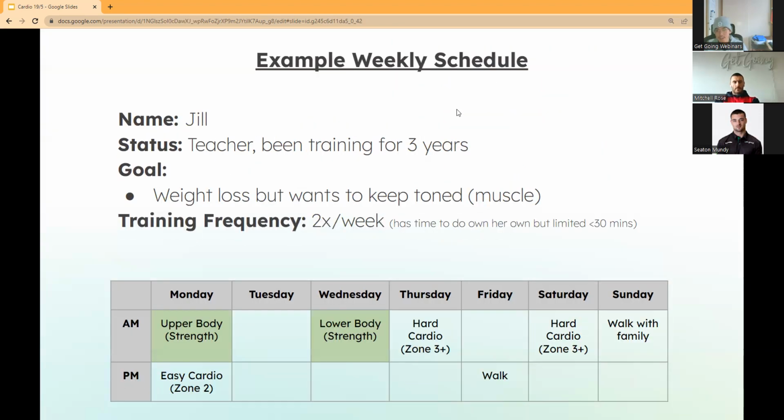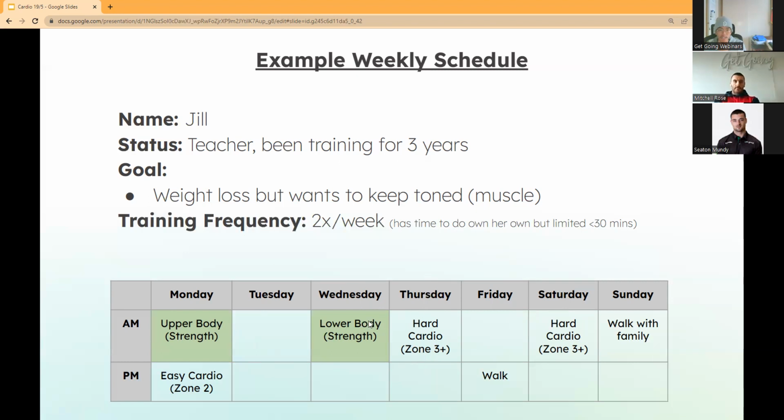However, she has limited time, so we want to focus on higher intensity cardio to increase our bang for buck, so to speak. That's why we have harder sessions on Thursday, Saturday, and then just general encouragement to do more movement throughout the week, which is probably applicable to most people. The reason why we still keep our strength sessions is because she wants to keep some sort of muscle tone.